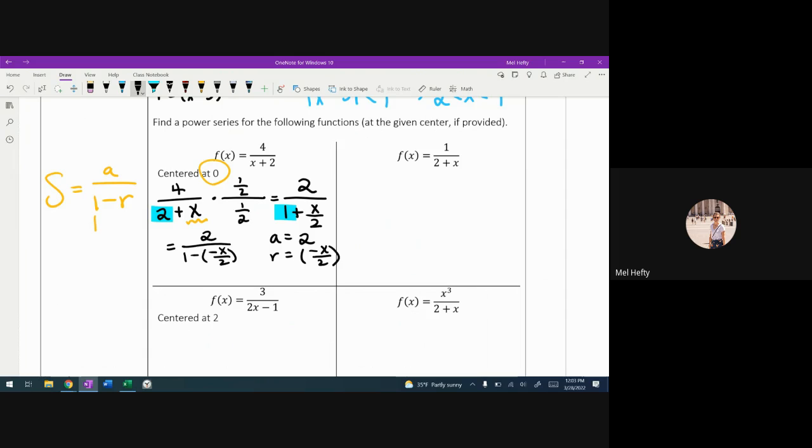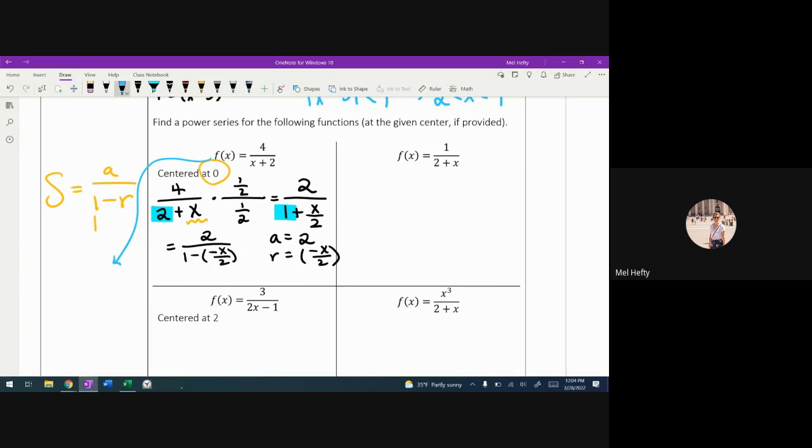Now, I could write the first 4 terms and the general term, but sometimes on the AP test, you may just have the general term in your sigma notation. No, we would only need that if we're looking for interval of convergence. Here, they're just asking about the R itself, so we don't need absolute value.